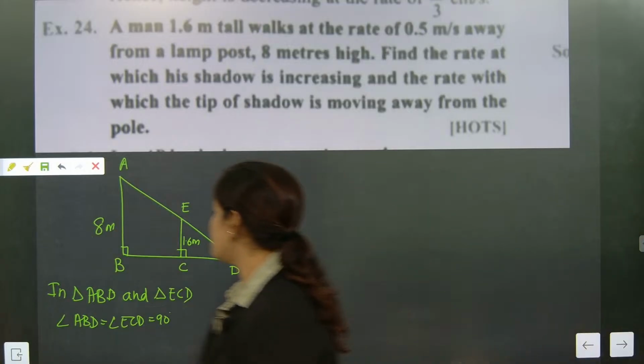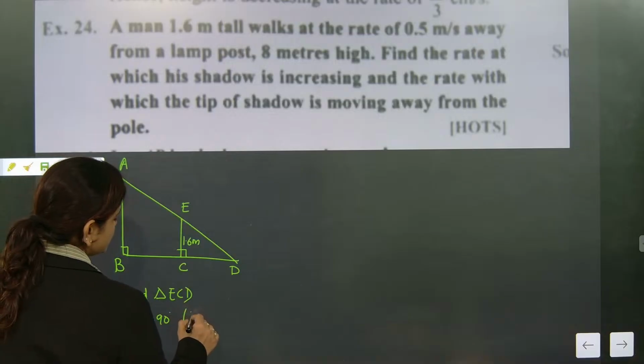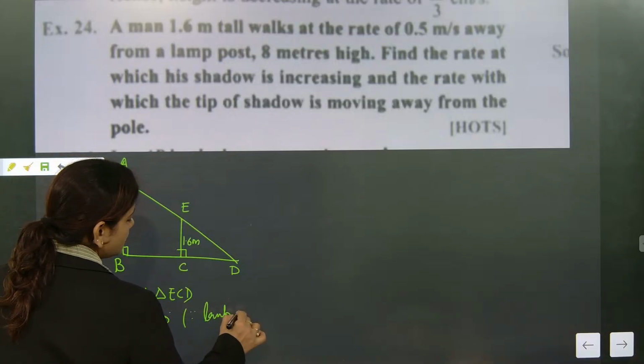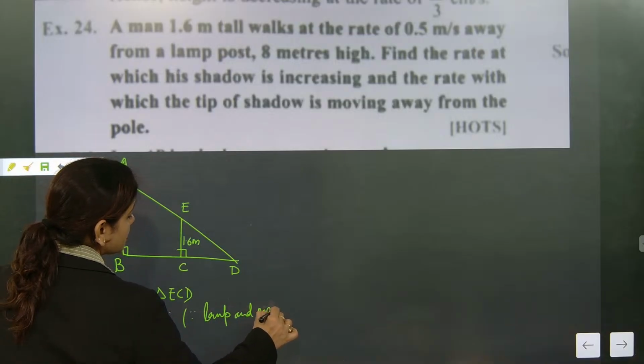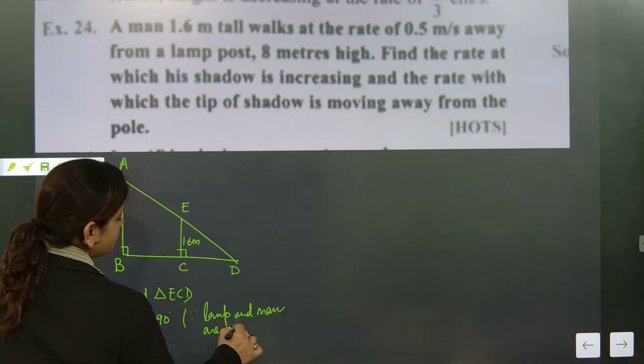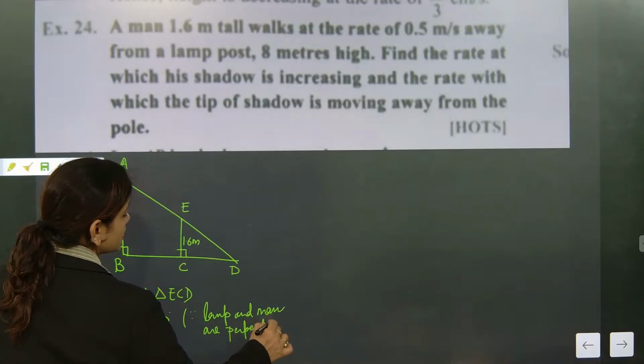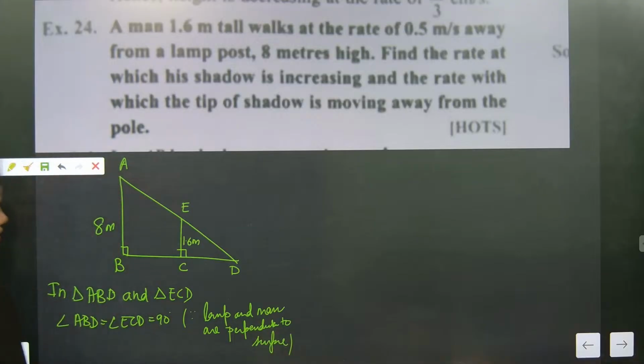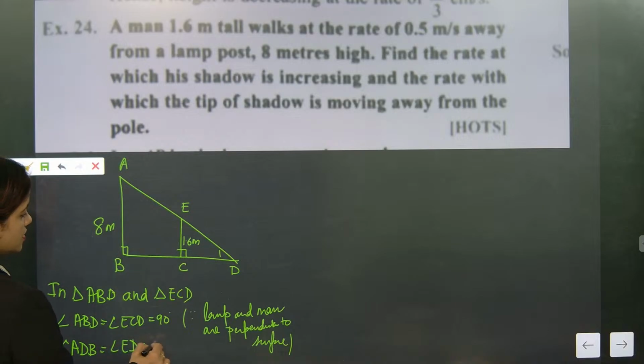Understood? So this will be 90 degrees since the lamp and man are perpendicular to the surface. Now in both triangles, big and small, angle D is common. So we'll say angle ADB is equal to angle EDC. Done? That is common.